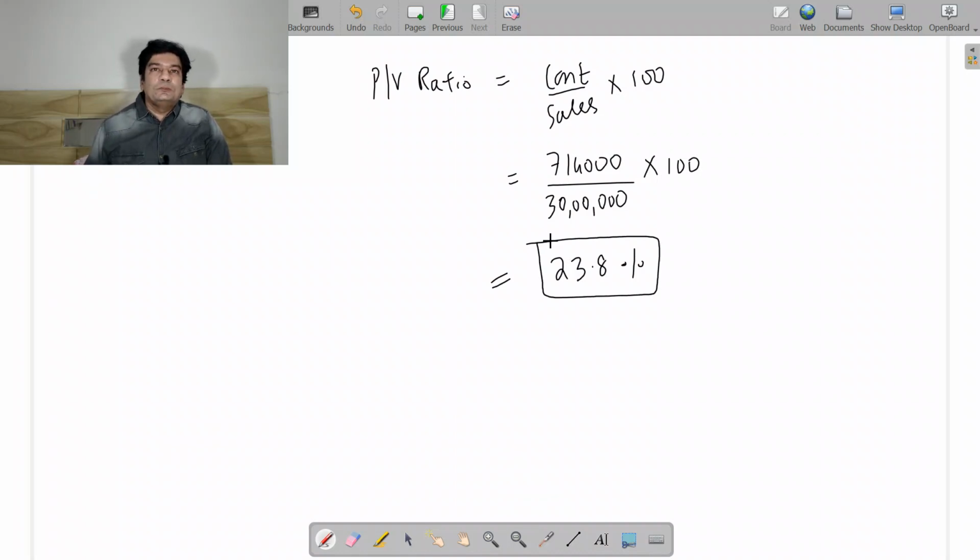This is nothing but how much contribution you are able to earn on your sales. If it is 23.8, it means on 100 rupees of sales, 23.8 rupees is your contribution, which we will study in our costing part.